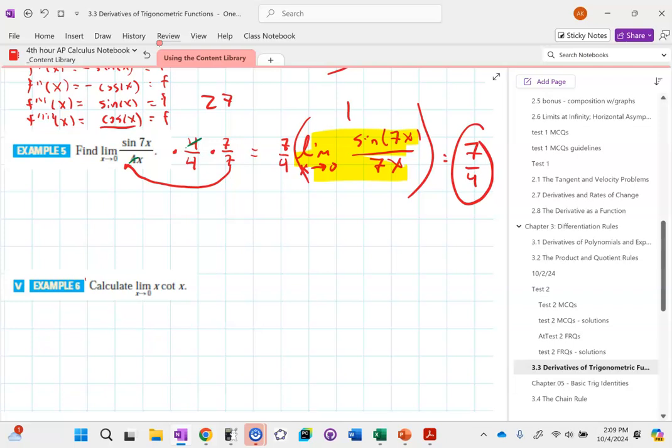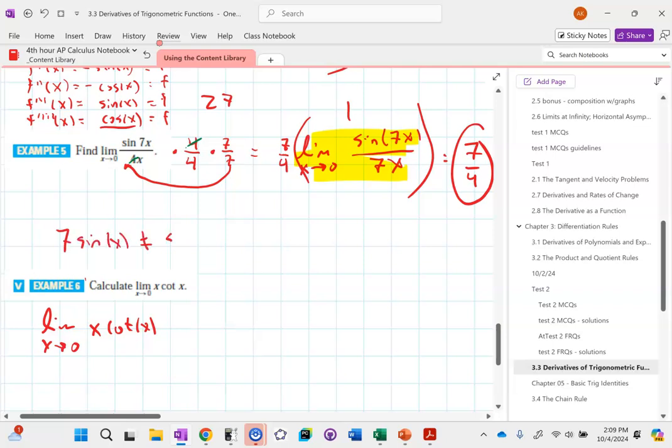All right. What about this one? The limit as x approaches 0 of x times cotangent x. Yeah, Lucas. I have a question first. Sure. Can't you just take the 7 and put it out in front of the limit of sine 7x? No, because 7 sine x is not the same as sine 7x, right?